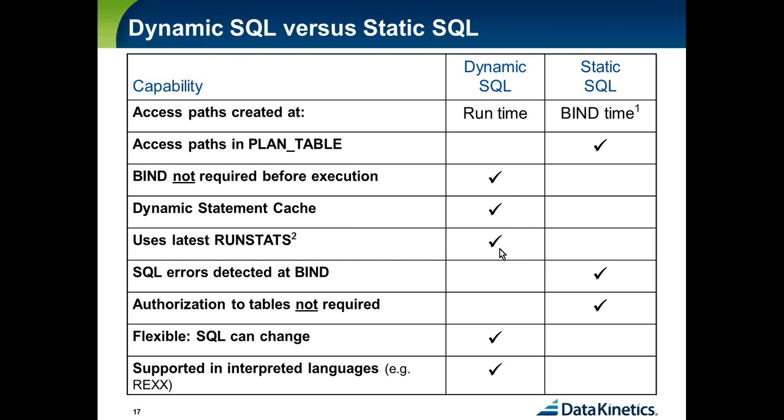If you're using dynamic statement cache, it's possible that you're using a cached statement that was done a little while ago, and there have been stats in the meantime, but it's going to be using newer SQL. The other thing to keep in mind too about static, you can use REOPT ALWAYS, causing static to be rebound at runtime, but that's something that's not frequently done in the static realm, but it is possible.